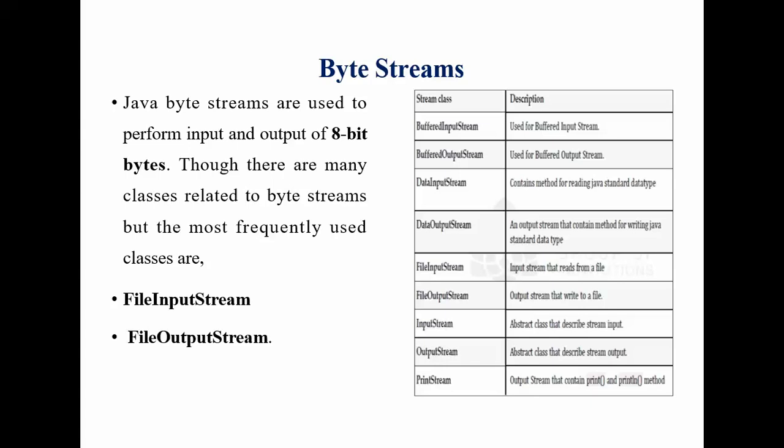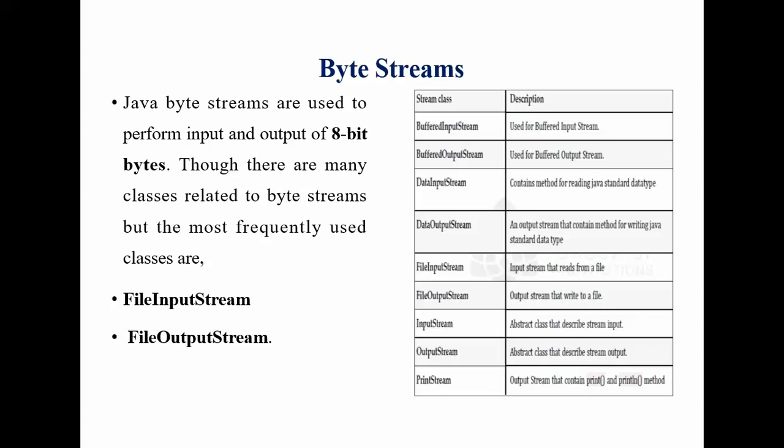That type of read process we call the byte stream reading process. Similarly, when writing the contents to the file, byte streams write 8 bits at a time. This concept is called byte streams.